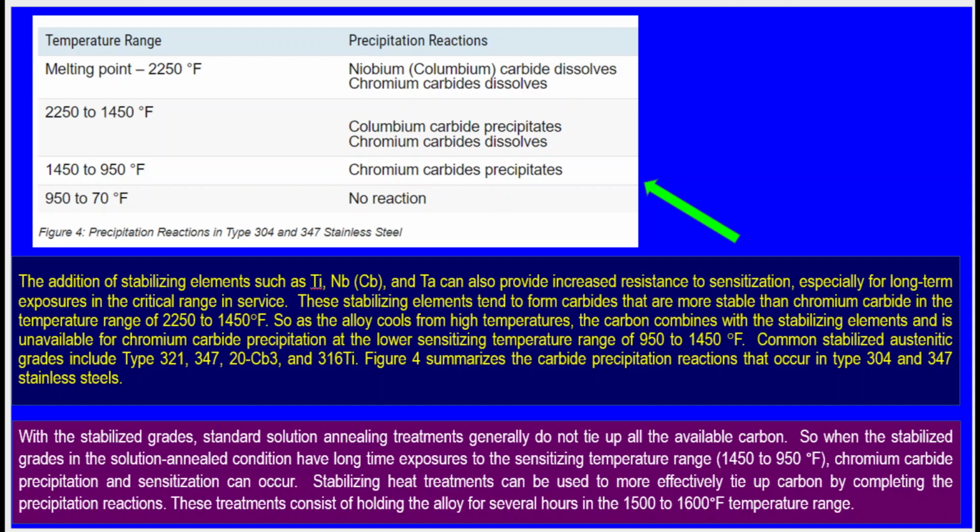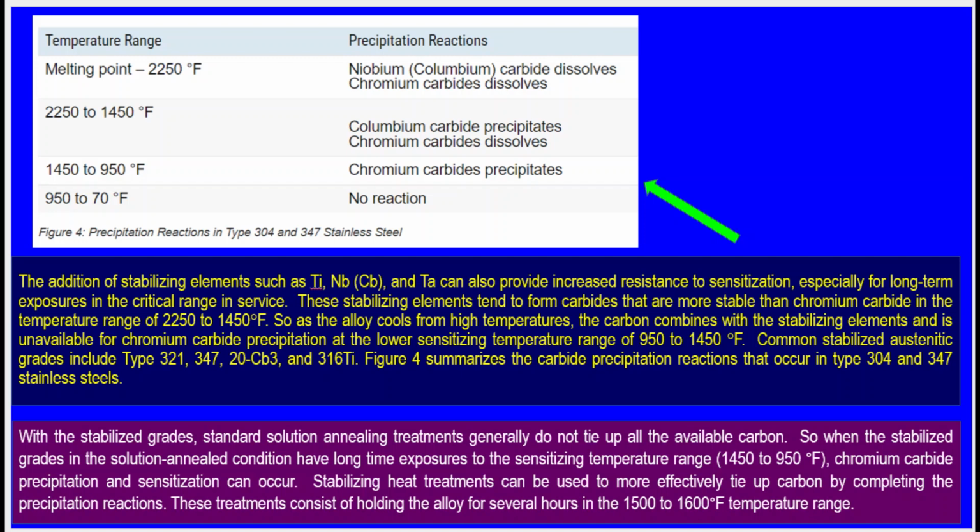The figure above shows the carbide precipitation reactions that occur in types 304 and 347 stainless steels. At the melting point, nearly 2250 degrees Fahrenheit, niobium or columbium carbide dissolves and chromium carbide dissolves.